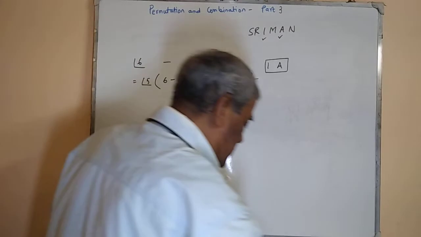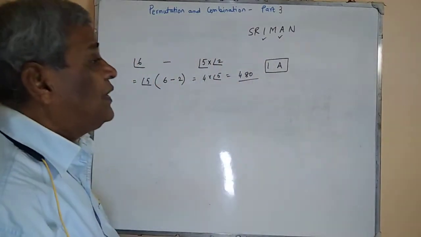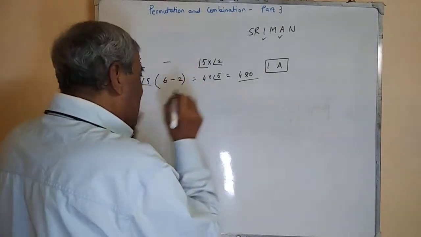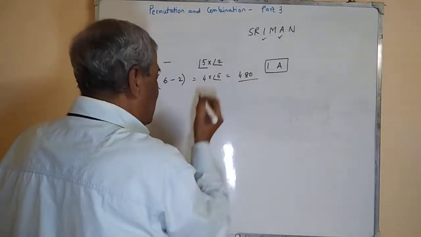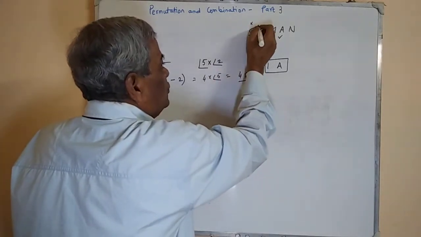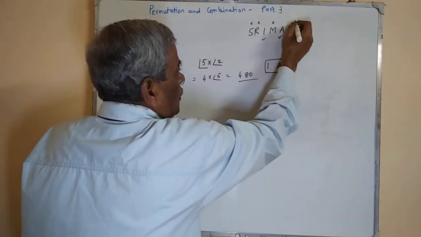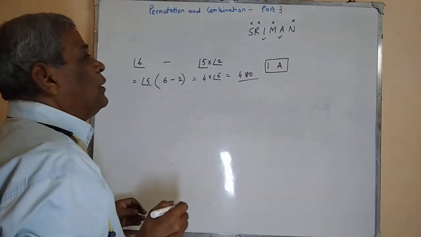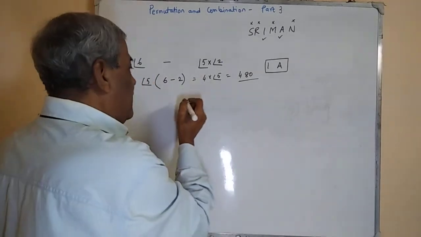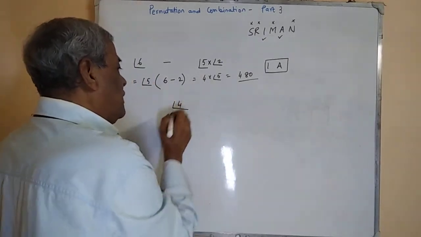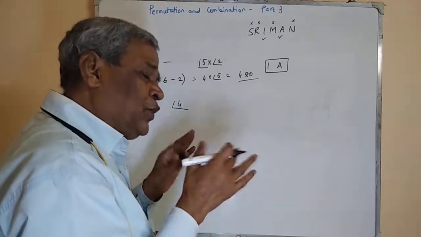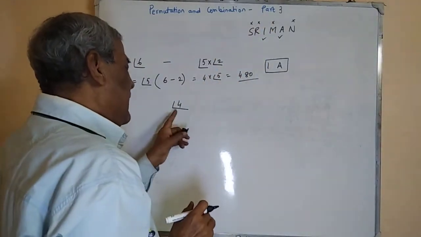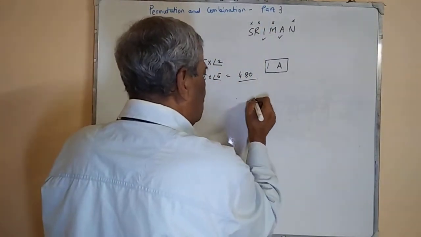In fact, problems of permutation and combination can be solved by different methods. So the second method is that we write down consonants 1, 2, 3, 4. 4 consonants are there and they can be arranged in factorial 4 ways because they have no restriction, they will be together or not, etc.